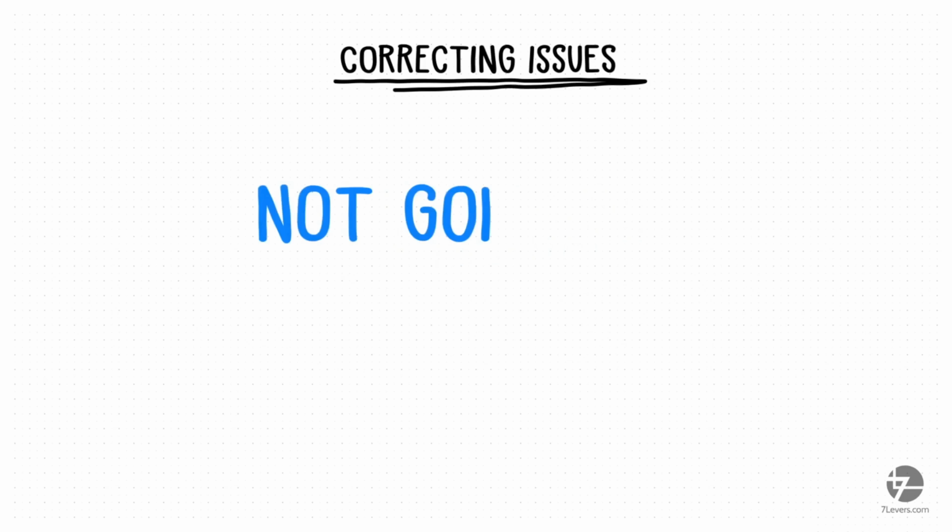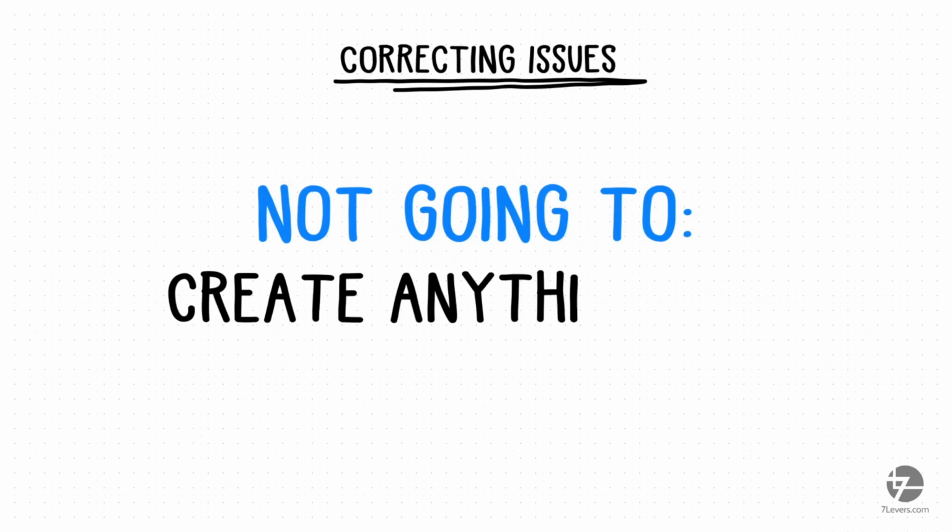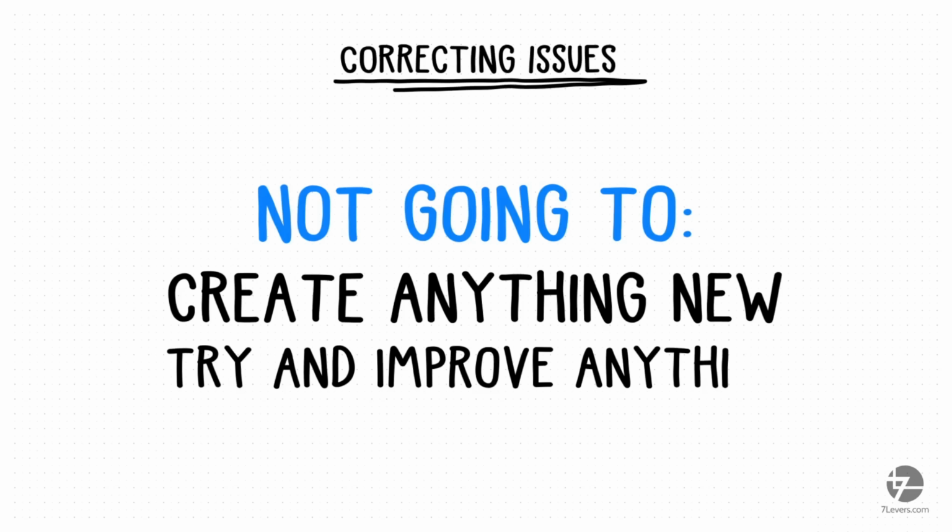What we're not going to do is create anything new. We're going to save that for the profit growth practice and the create phase. We're also not going to try and improve anything. So if we saw an opportunity for an improvement, came up with an idea, again, that's a profit growth activity.